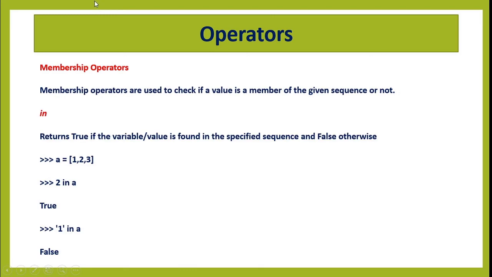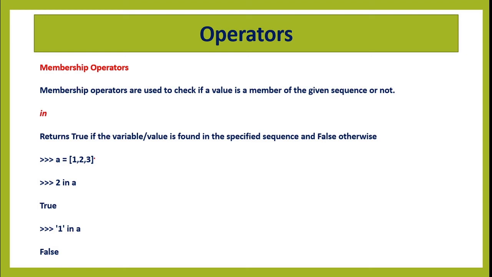So the next one is membership operators. So the membership operators are used to check if the value is member of the given sequence or not. See the example. Here we are using the in operator. So the in operator returns true if the variable or value is found in the specified sequence and false otherwise.